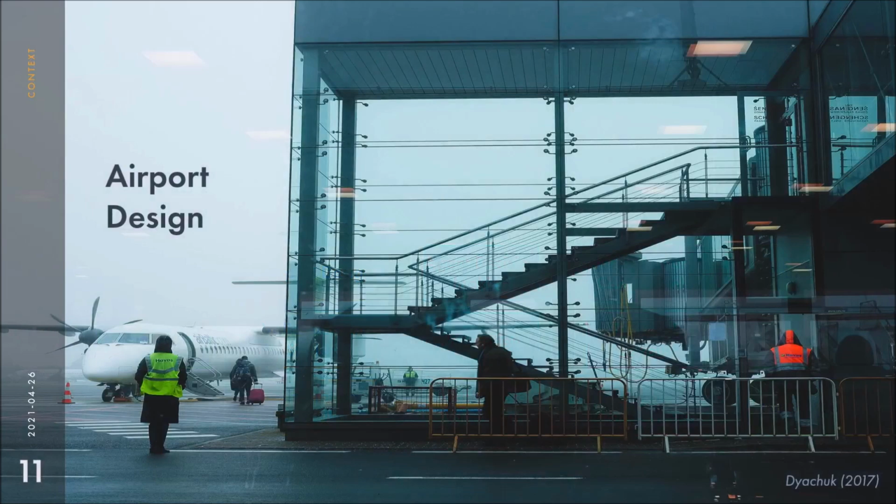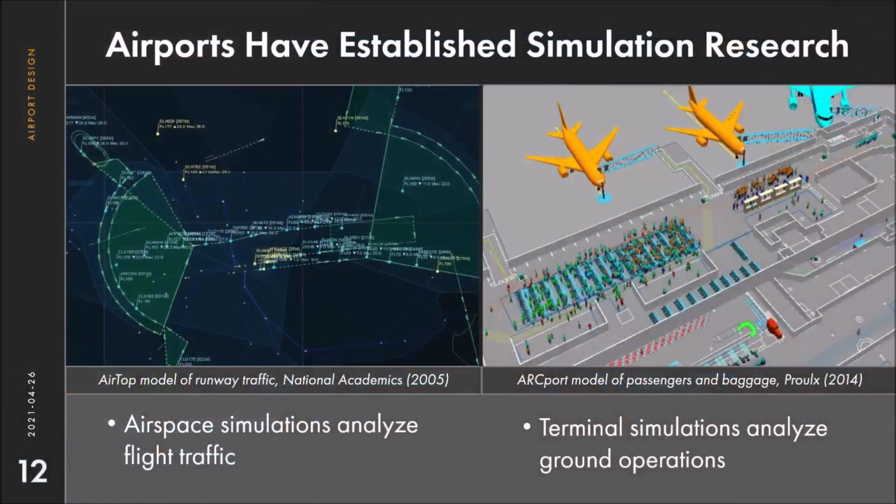Starting with airport design. One reason I am looking at airports is because they have established research showing that simulations are one of the only ways to understand these complex systems. Airports use simulations for almost everything, including analyzing the airspace to ground operations.